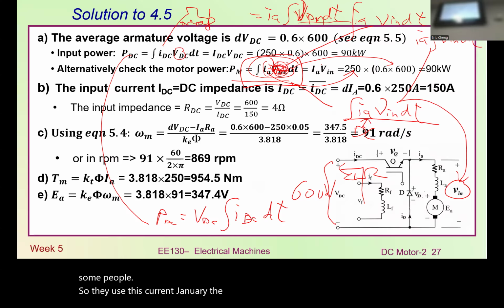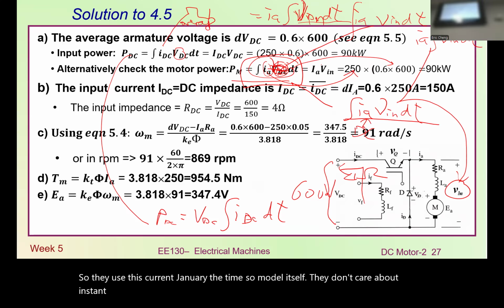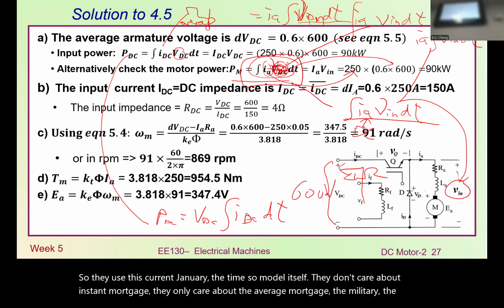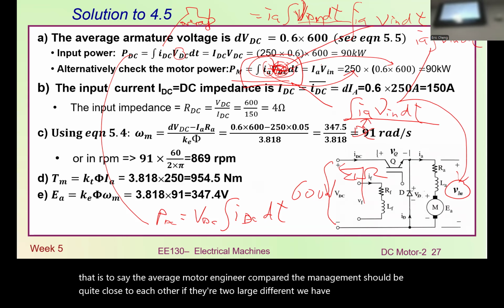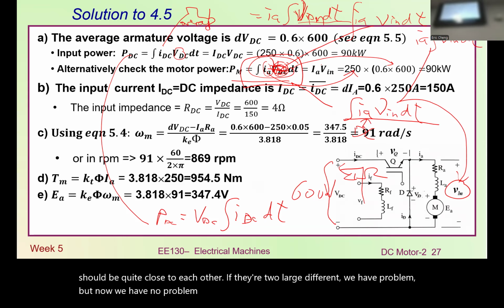So the motor itself doesn't care about instant voltage. It only cares about the average voltage that magnetizes the motor. So the average voltage compared to EMF should be quite close to each other. If they are too largely different, we have a problem, but now we have no problem because 360 volt here and 347 here is a very good design. You get that? So that's a really important concept.